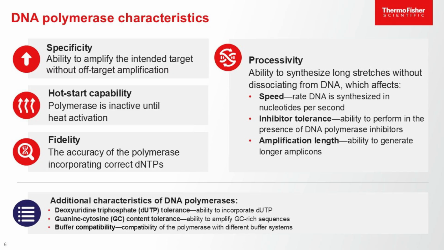Each of these characteristics can significantly impact the performance of your PCR, so it's crucial to choose the right polymerase for your specific application. Some of these characteristics will be discussed in the examples in the following slides.